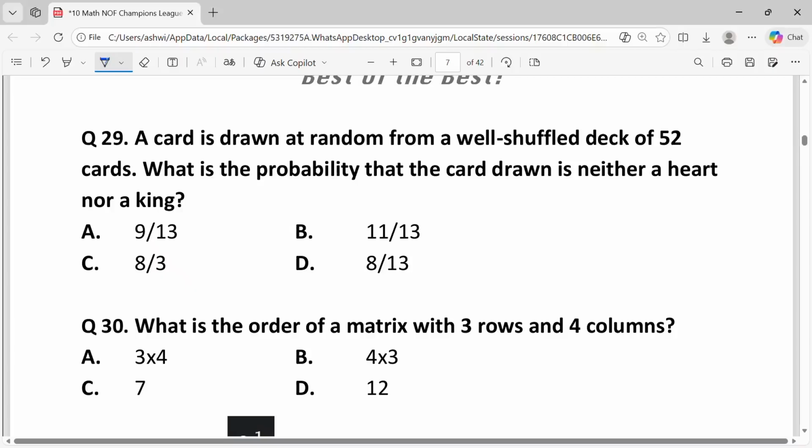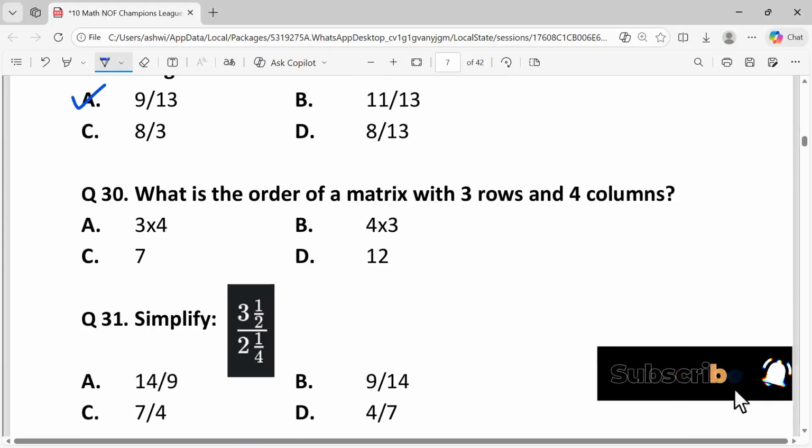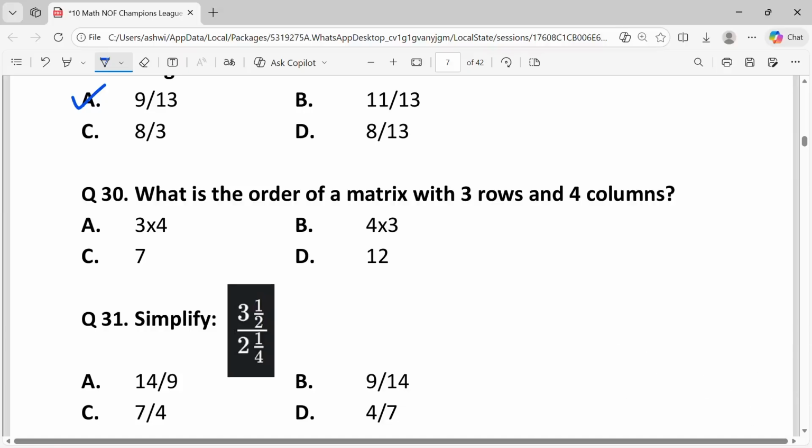From the given options, the answer is A, 9 by 13. Question 30. What is the order of a matrix with 3 rows and 4 columns? The order of a matrix is conventionally defined as the number of rows by the number of columns, that is 3 into 4. That is option A.